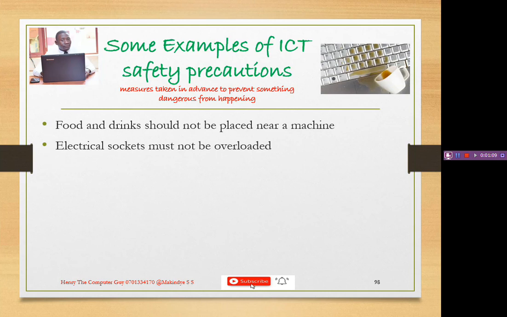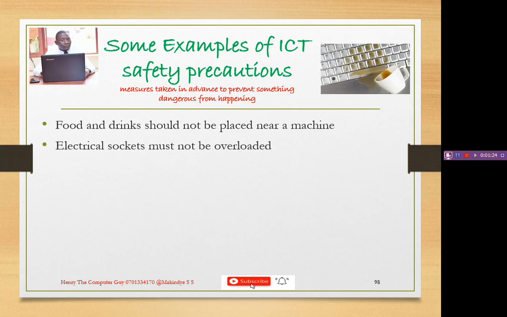Point 2. Electrical sockets must not be overloaded. Why would you connect over 70 to 100 computers on one electrical socket? You're overloading it. It is supplying too much power, more than it's supposed to.